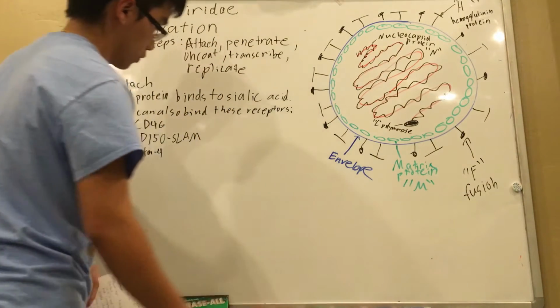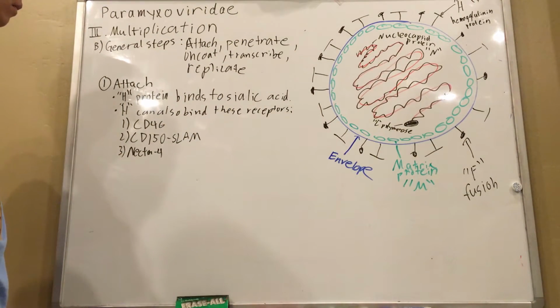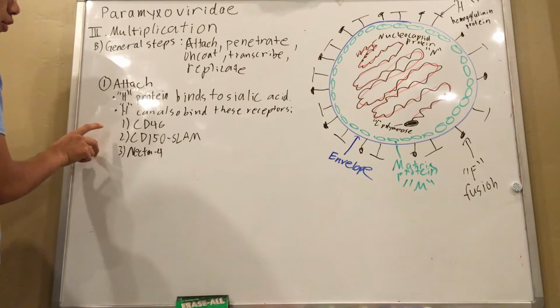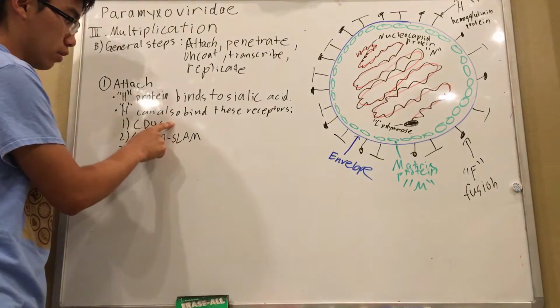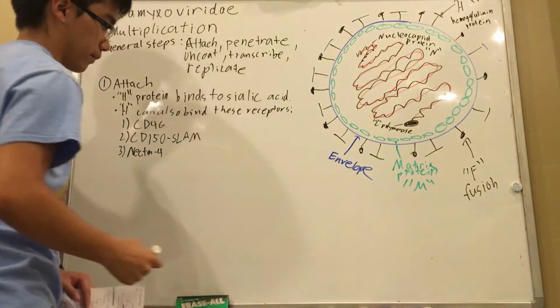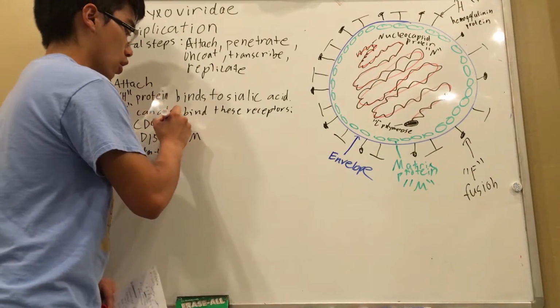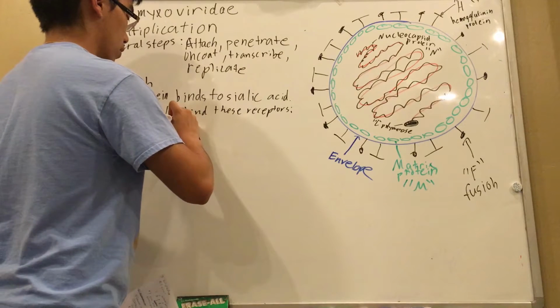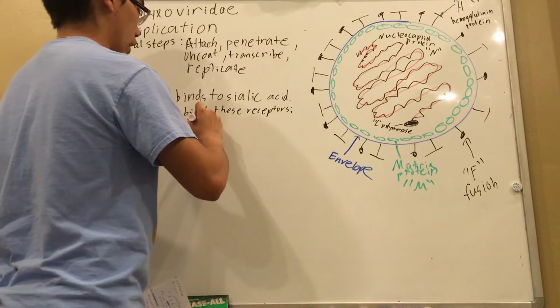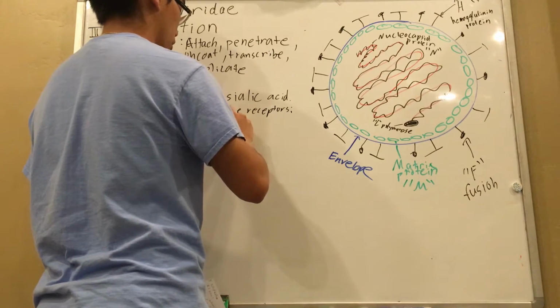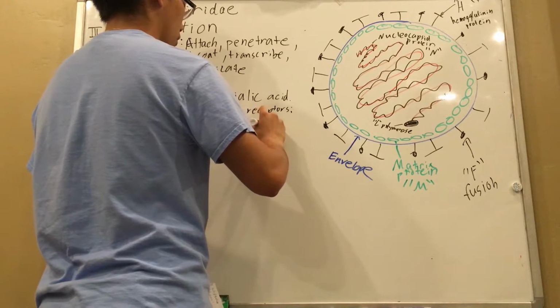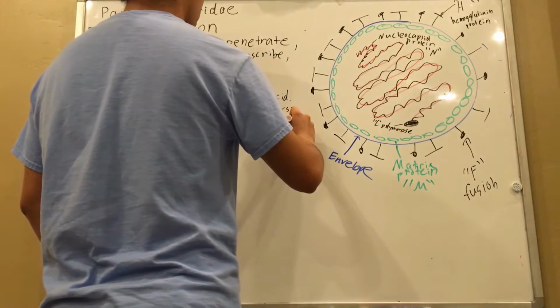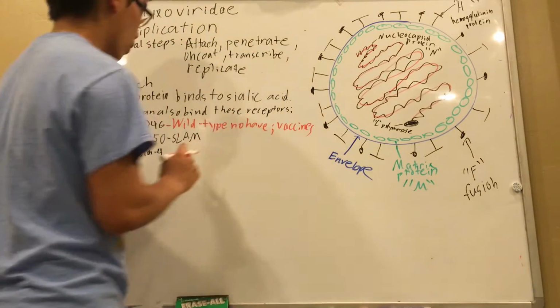So if we look at a virus like measles, measles can bind to CD46. No wild type Paramyxoviridae has this, but vaccines do.